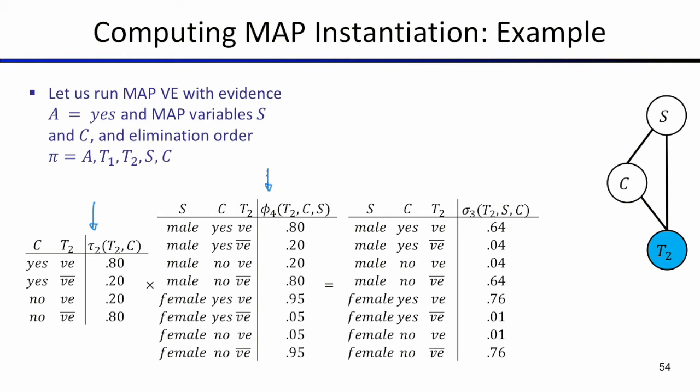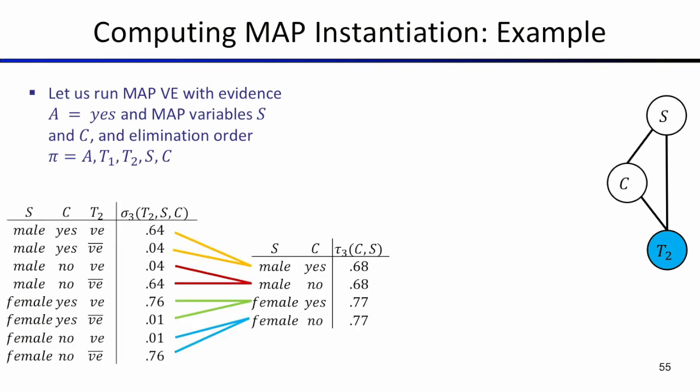So we multiply these two factors and create a new factor, which we'll call sigma 3, that mentions T2, S, and C. Now we're going to eliminate T2 by summation. This is the last variable that we eliminate by summation, and the next ones we're going to eliminate by maximizing out.